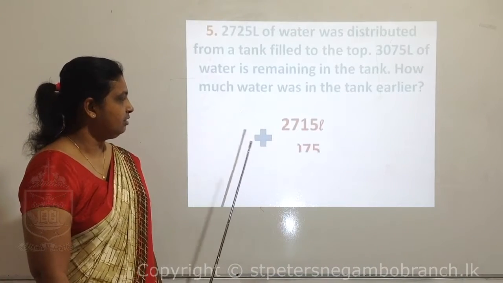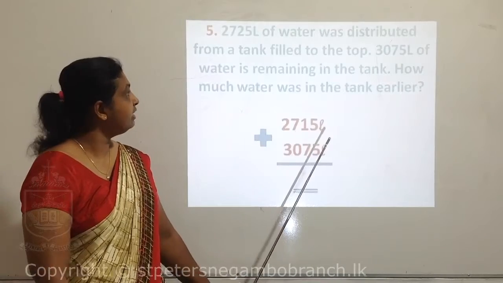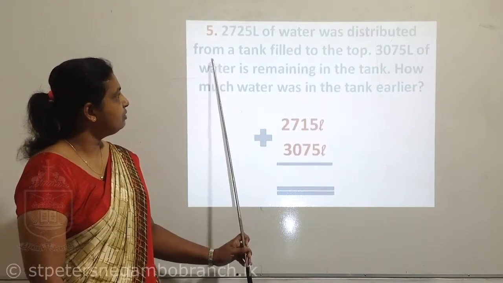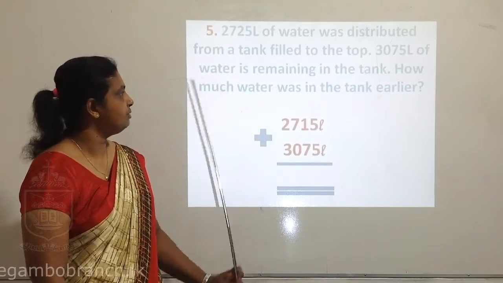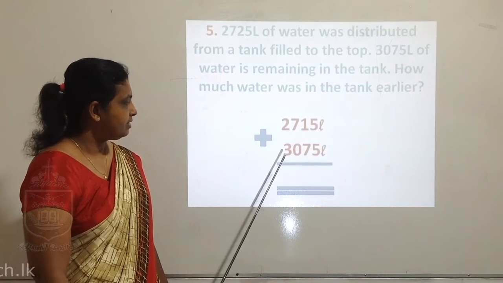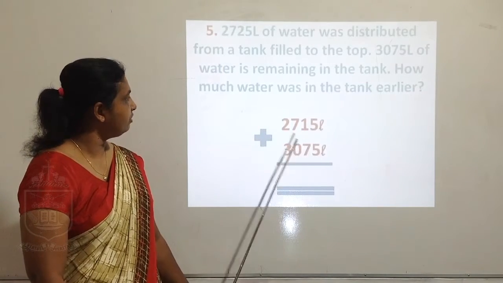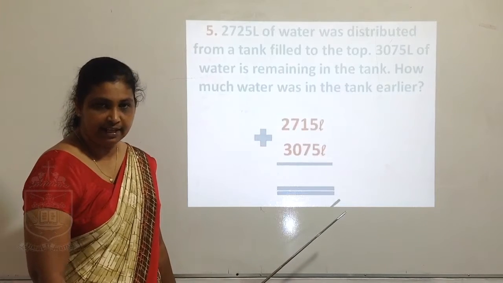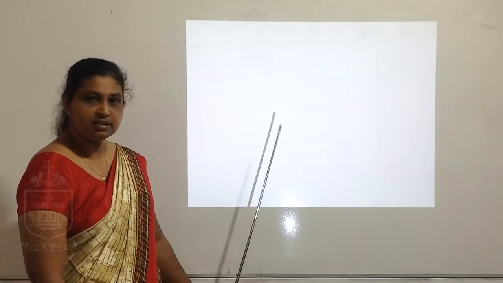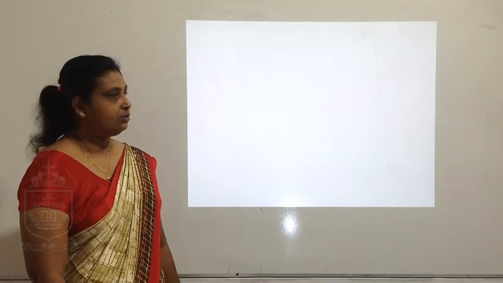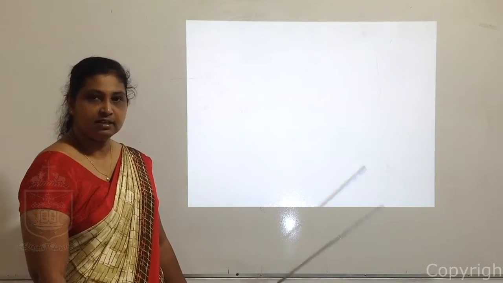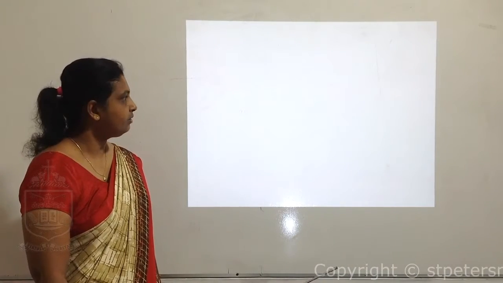So, first one, 2725 liters is the amount of water distributed. And this 3075 of water is remaining in the tank. So, to get the answer, you have to add these two to find the amount earlier.